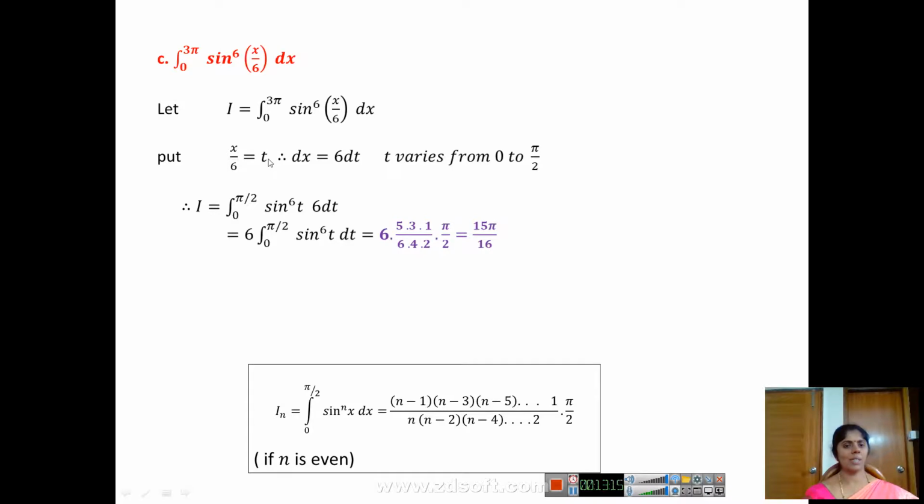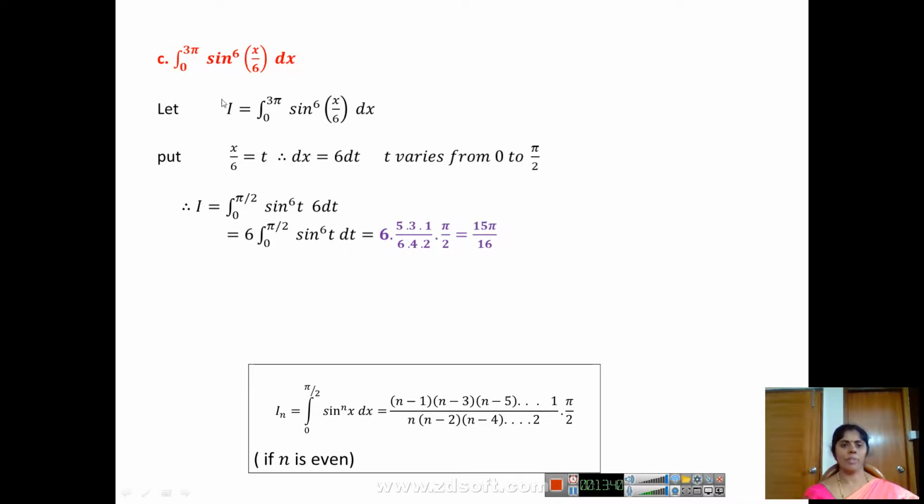So x is equal to 6t. Differentiating x with respect to t, we get dx equal to 6 dt. Here x varies from 0 to 3 pi, so we have to check how t varies. Here t varies from 0 to pi by 2. If x is equal to 0, t becomes 0.